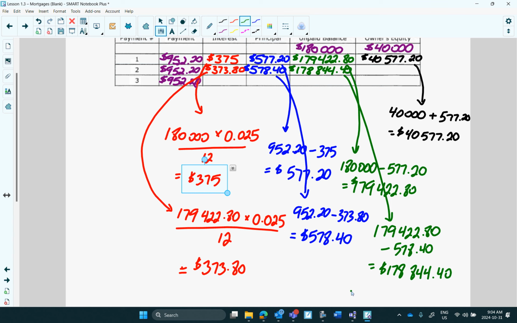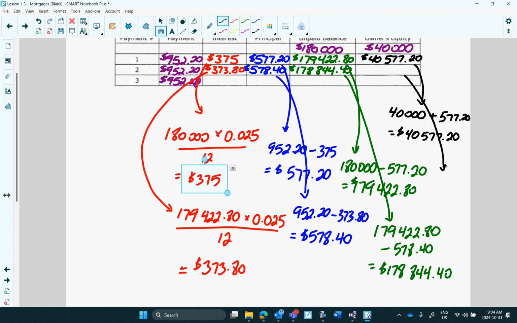Which means he's put a little bit more of his own value into the home. How much more has he put in? Well, he currently has 40,577.20. He added another 578.40 towards his principal.